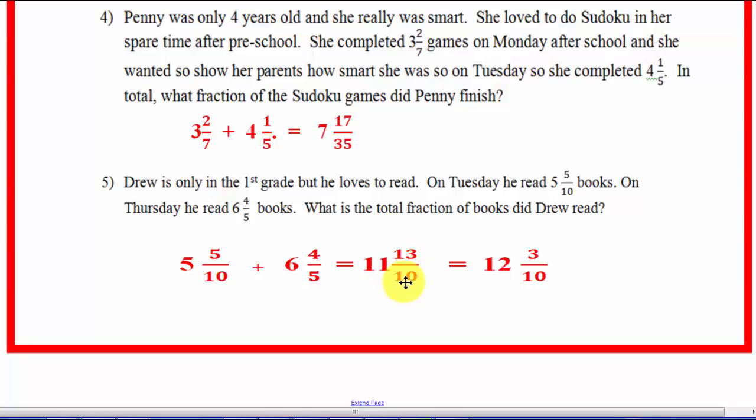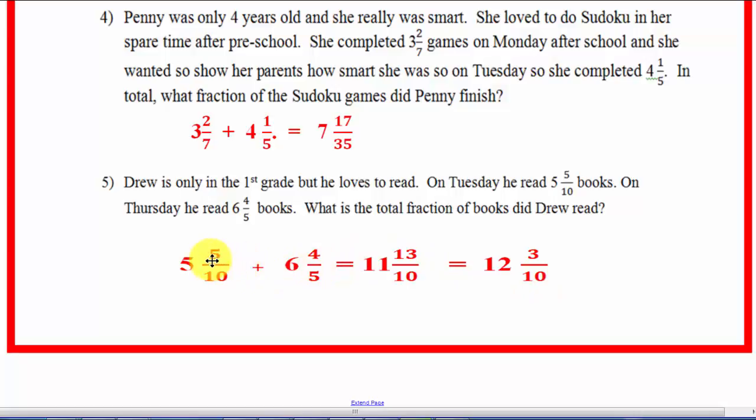Uh-oh, that is an improper fraction. So what we have to do is reduce it. If we have 13/10, we take away 10 of them and put them over here, that gives us 12, and 3/10 left over. Hopefully this makes sense.